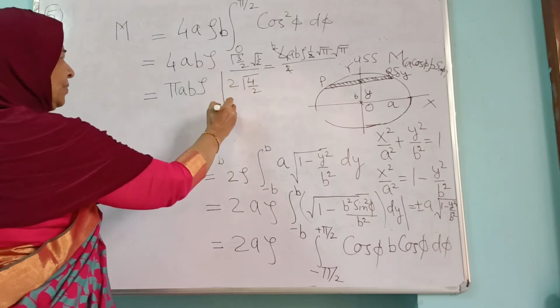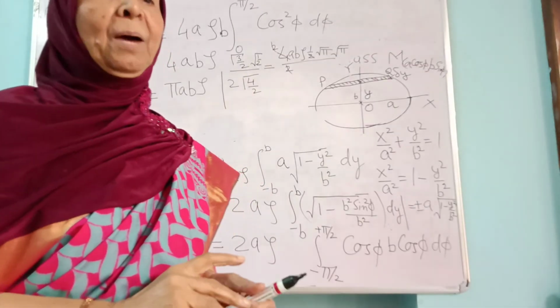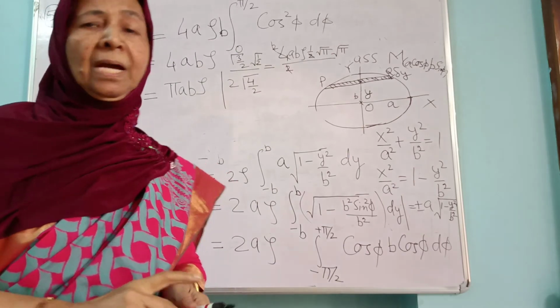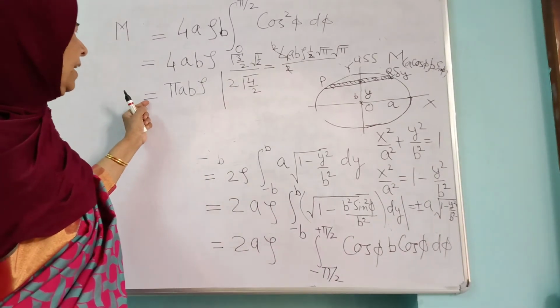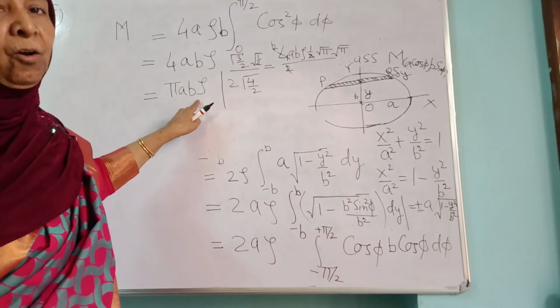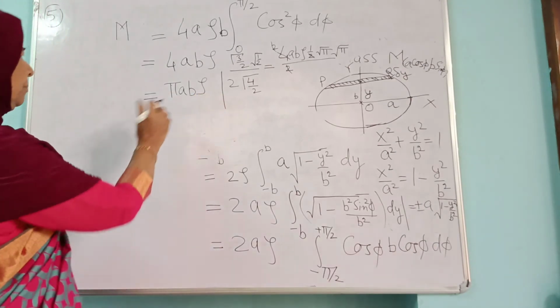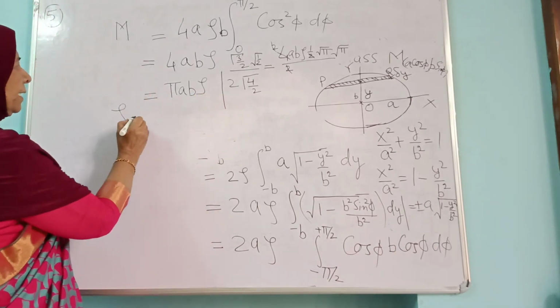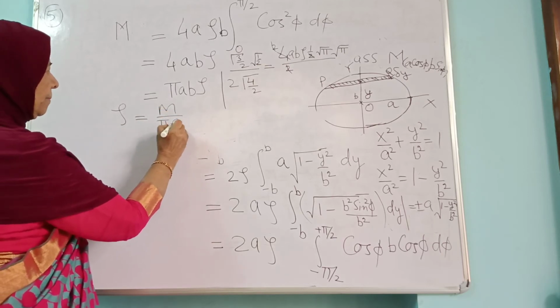And of course this is a very simple result. The mass of an elliptic lamina whose semi-major and semi-minor axes are given is pi ab, the area of the elliptic lamina, times rho, the density. So this implies that rho is m divided by pi ab.